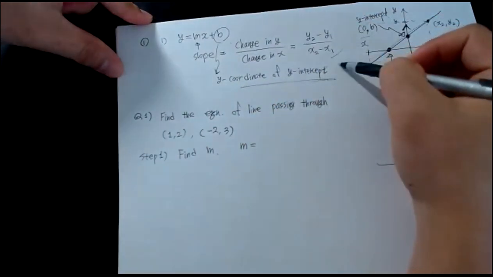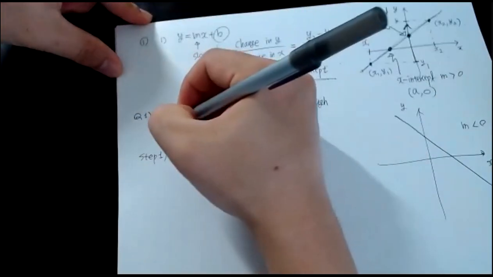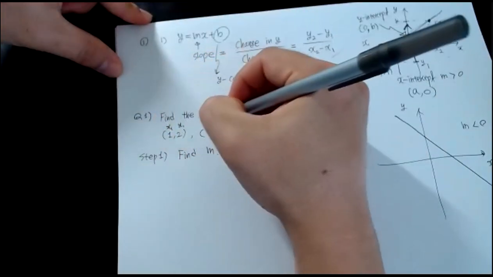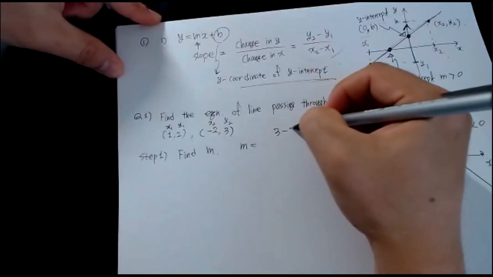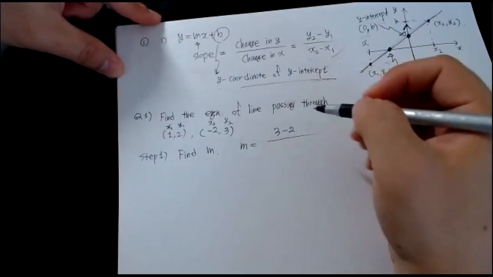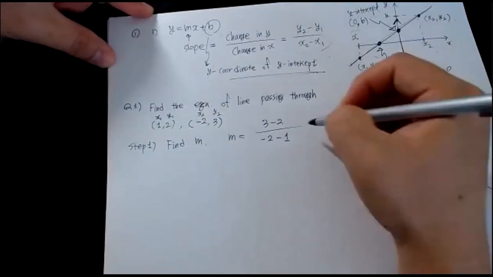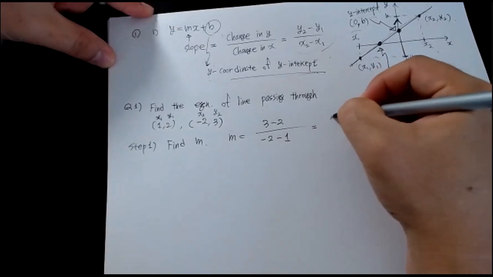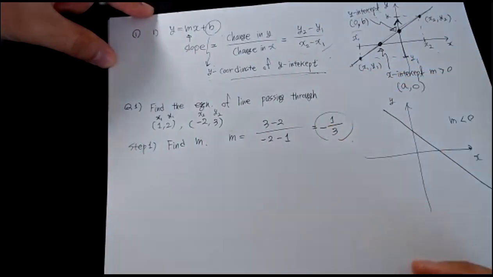We use this one: this is x1, this is y1, this is x2, this is y2. So m equals y2 minus y1 over x2 minus x1, which is 3 minus 2 over negative 2 minus 1. This is equal to 1 over negative 3, so negative 1/3, right?